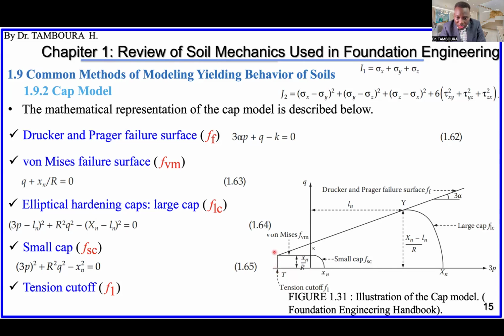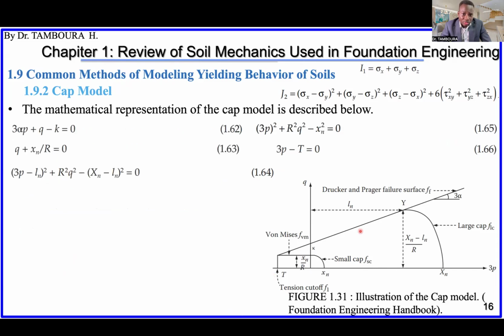As you can see, this limit is just the tension, the traction that the soil can support. As you know, soil is not strong against tension. So very small. Actually, concrete also. So all these equations are needed to represent this cap model.